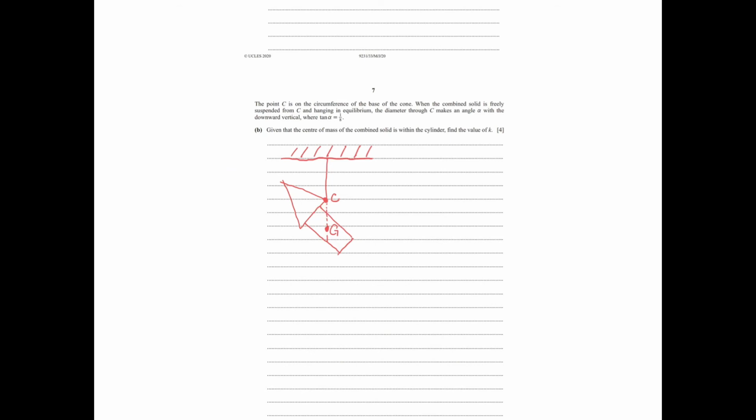I will label it in blue color. This particular part is alpha. Let's say I add one extra line here, and we know that this is going to be a right angle triangle.